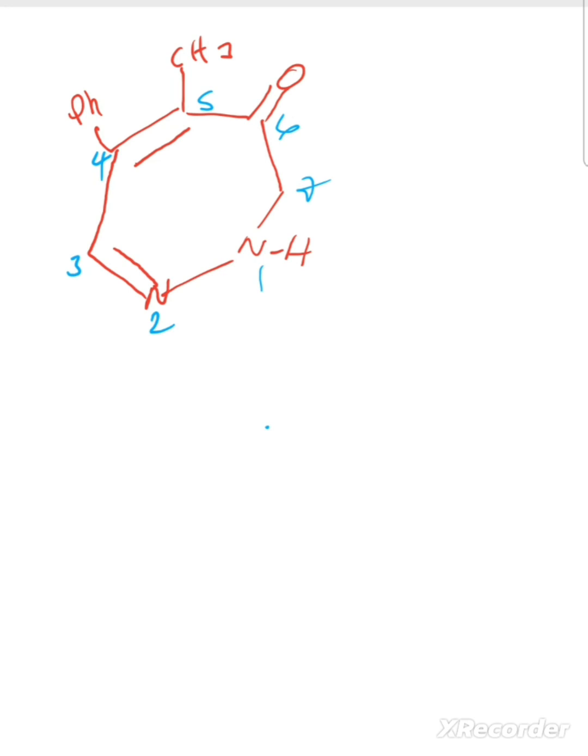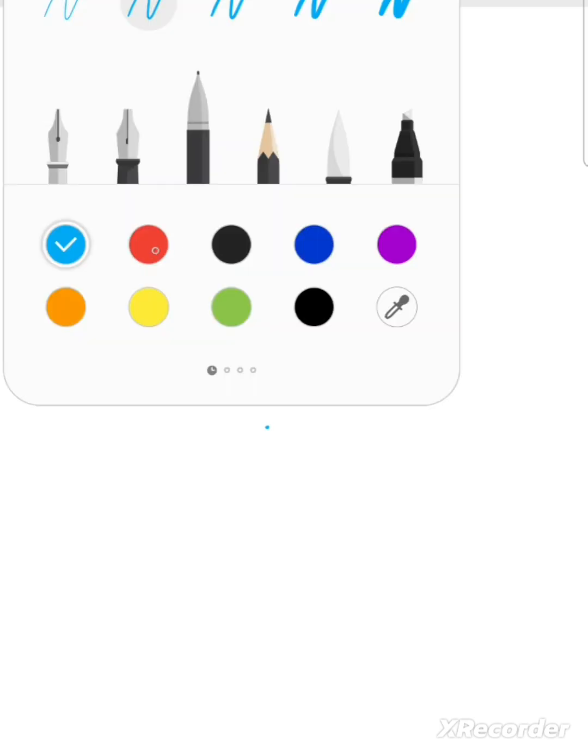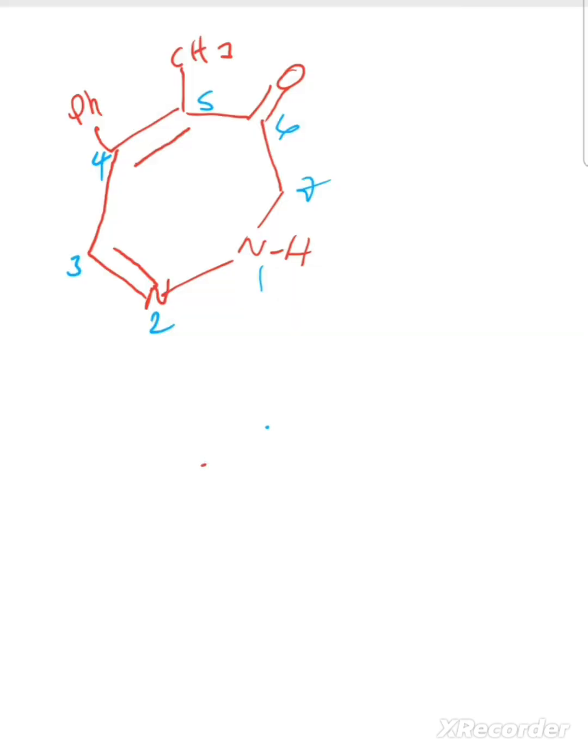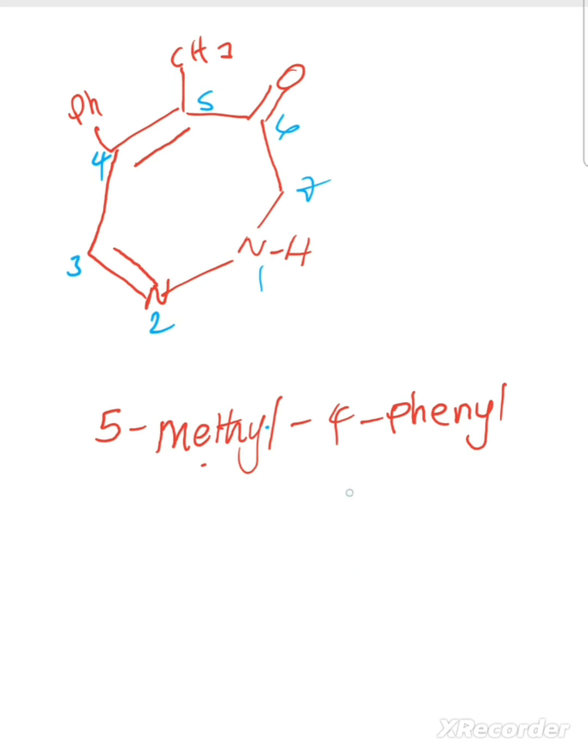So what are you going to do? You start with the substituents. You have methyl and phenyl. So methyl will start first, which is 5-methyl, sorry, 5-methyl like this. Then here 4-phenyl, you get, like this.